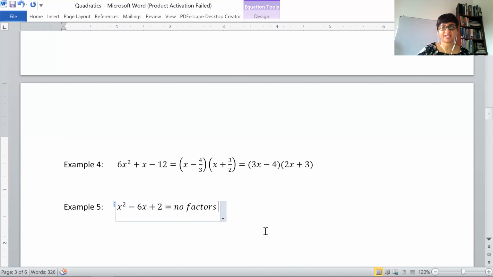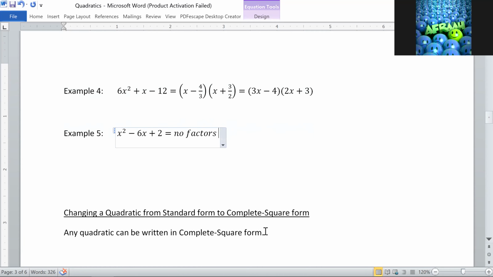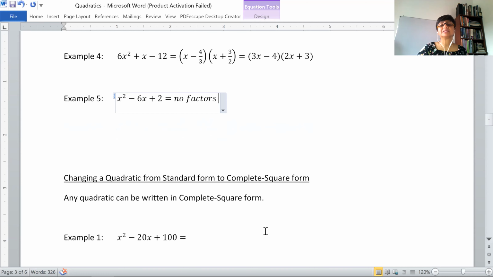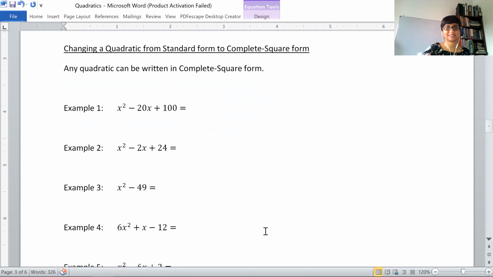Then can I move on from this if everyone is okay? I hope it's okay. Good, Afra. Next topic, changing a quadratic from standard form to complete square form. So put that as a topic and let's work out a few examples.